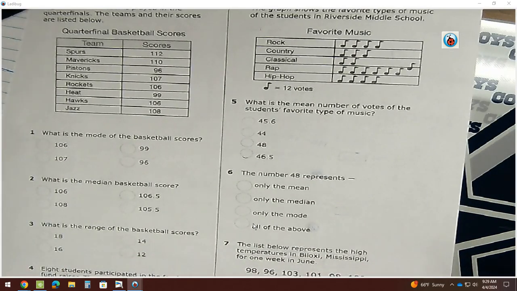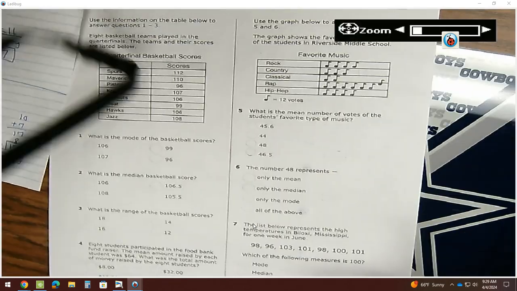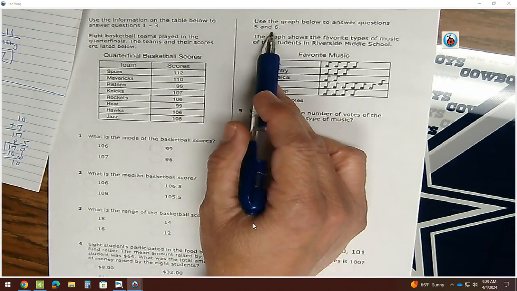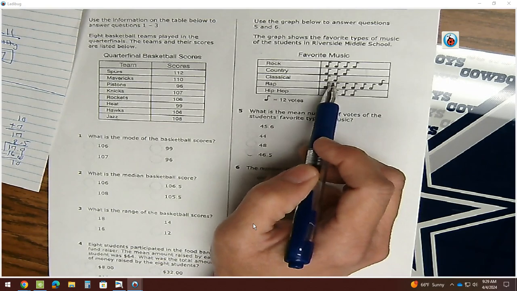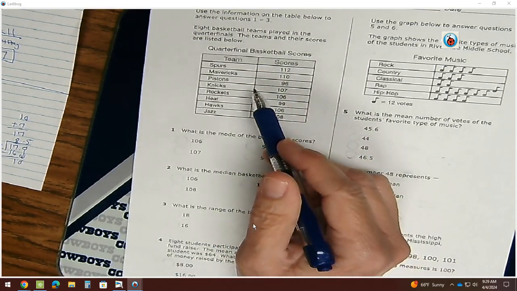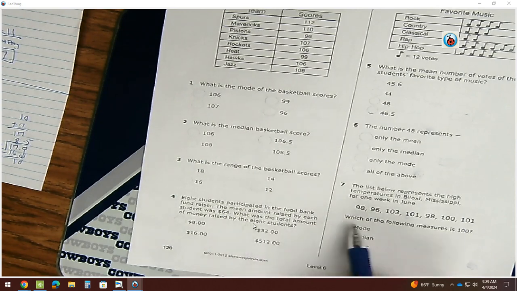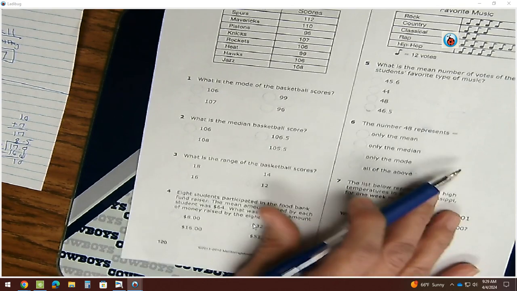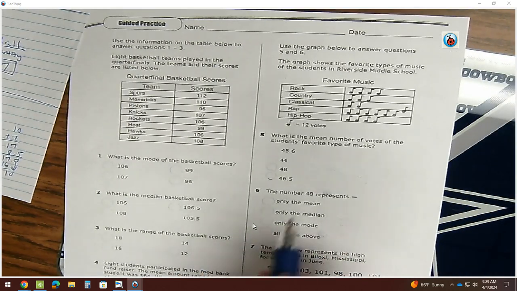Okay. So listen to what it says. For 5 and 6, you'll use this graph. On this side, for 1 and 3, you'll use the table. And 4 and 7 are by themselves. So I'm going to decide right now which one I'm going to do. Okay? But let's do the notes.